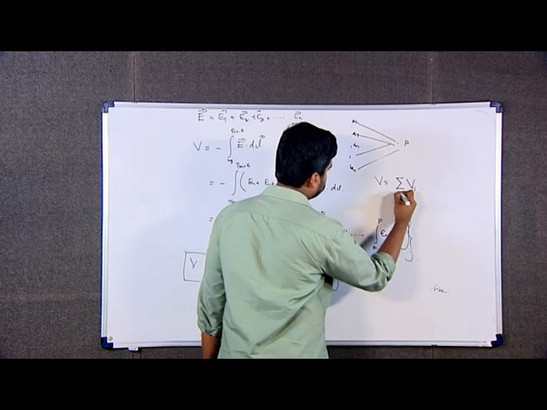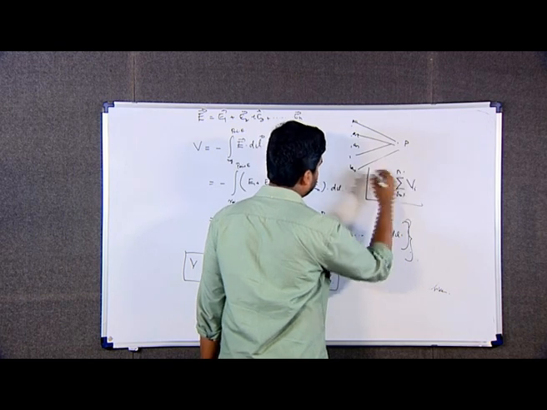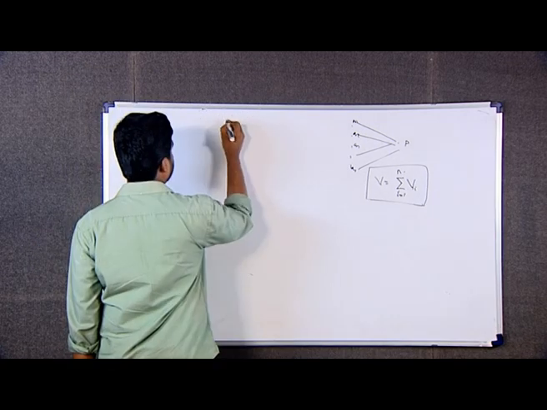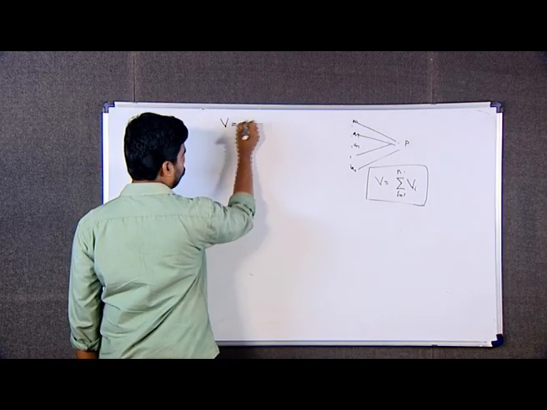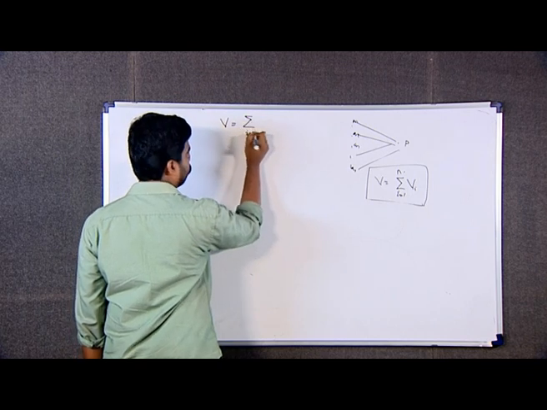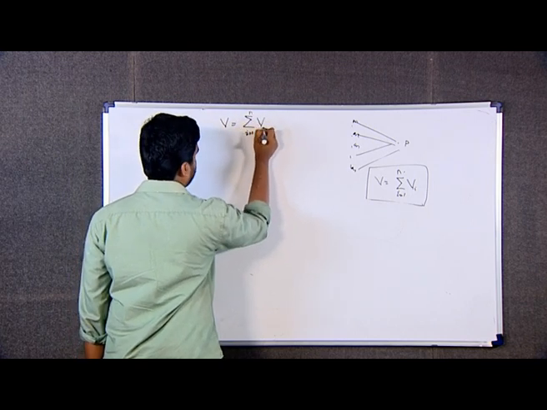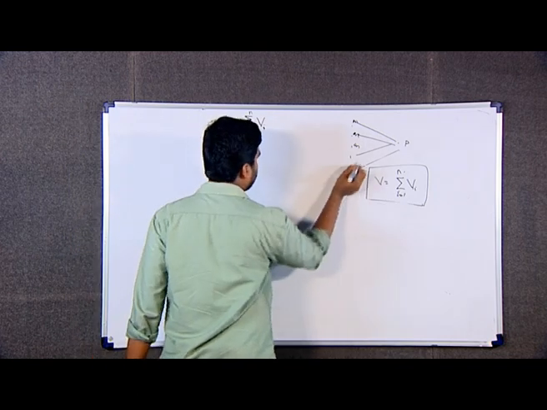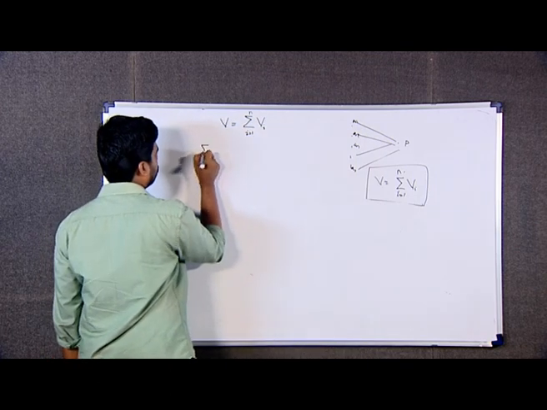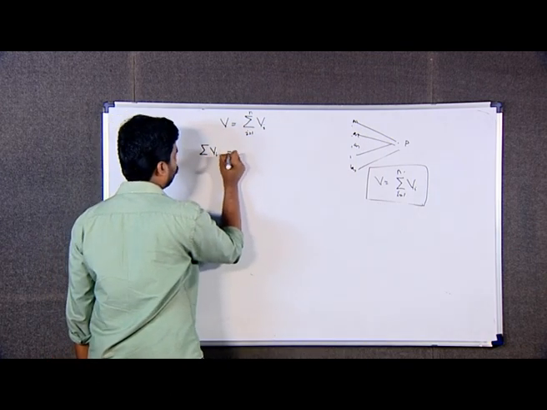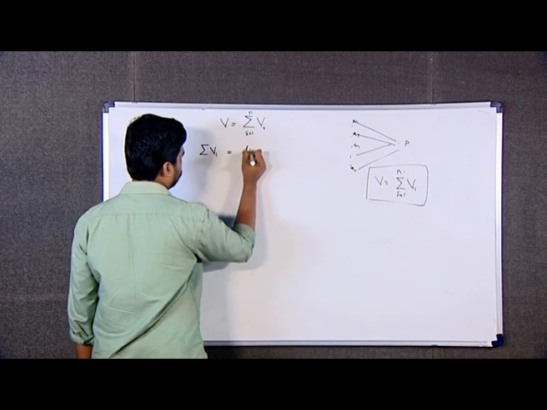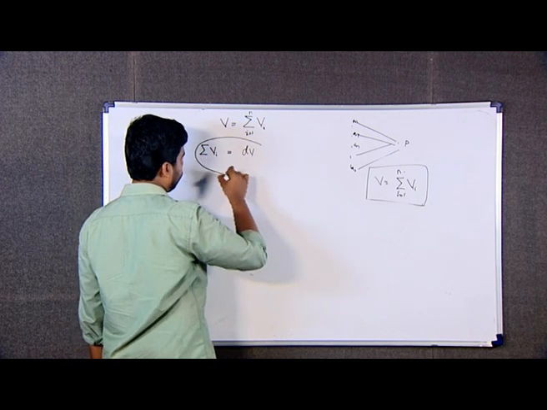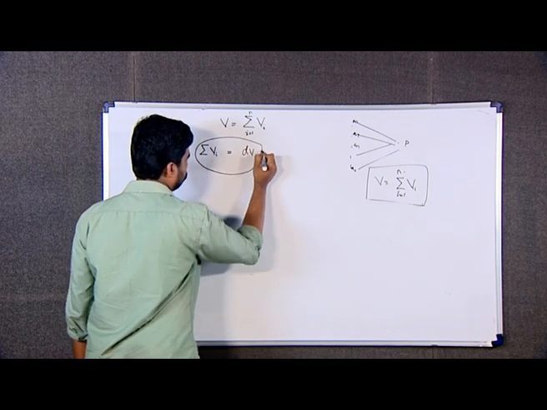If there are n charges, i runs from 1 to n, then V is equal to sigma i is equal to 1 to n Vi. Now, if the charges are a continuous one, this sigma Vi is equal to dV, where dV represents the continuous charge distribution.